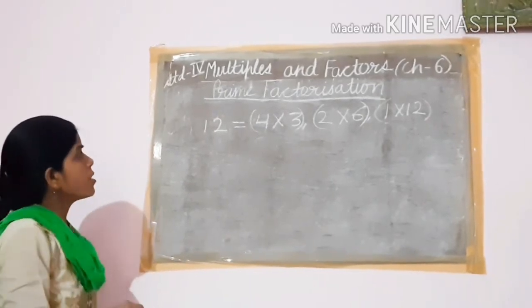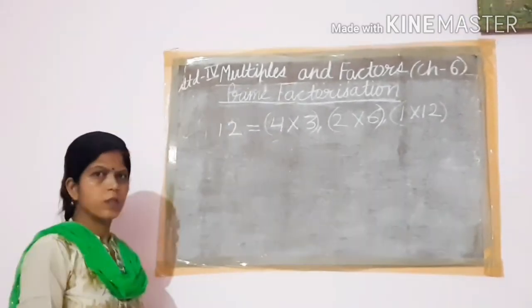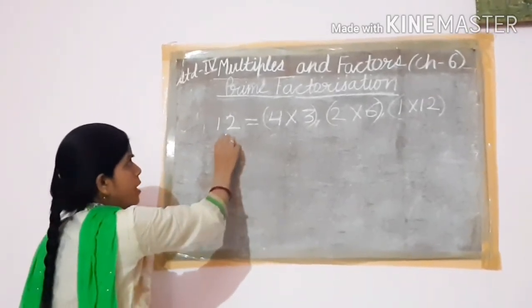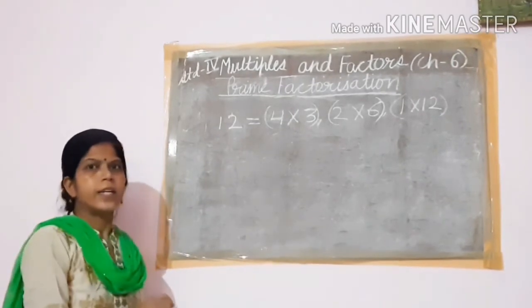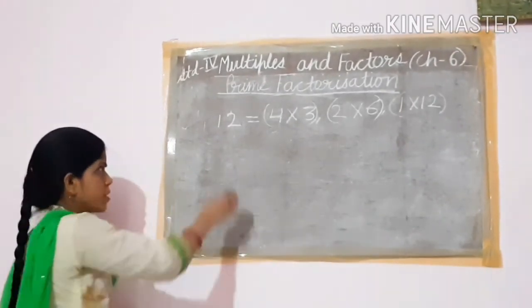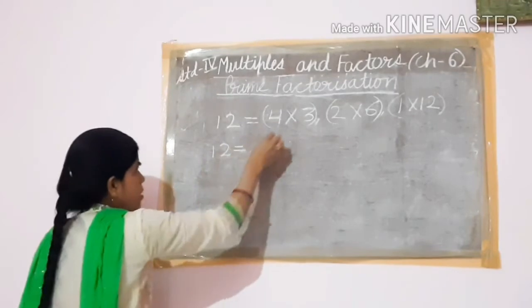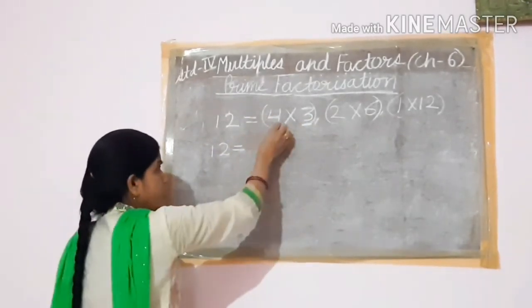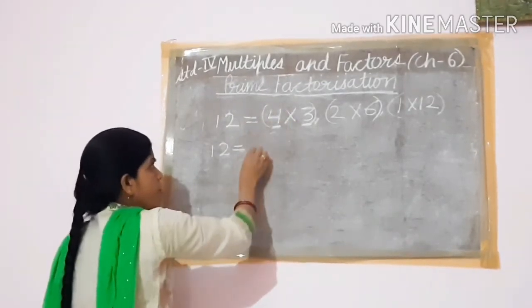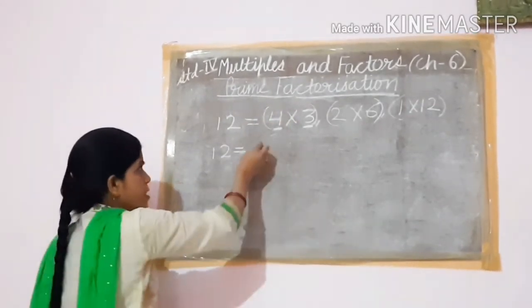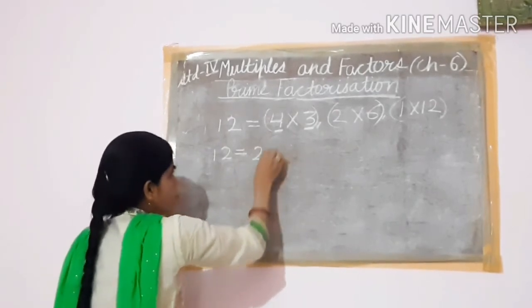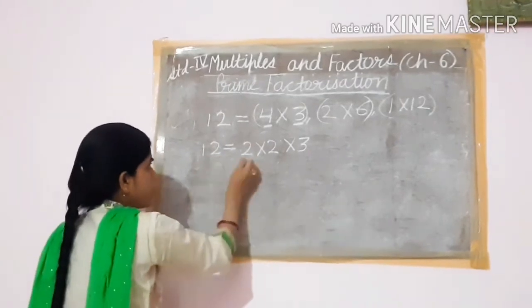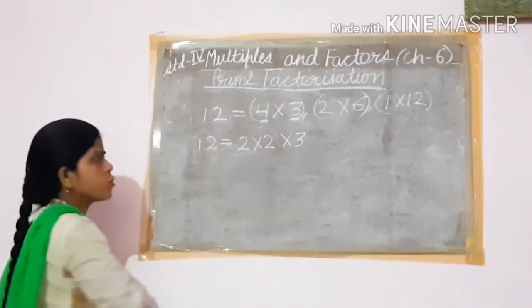Next is prime factorization. When all the factors of a number are prime numbers, that is called prime factorization. Like here 12. This 3 is prime but 4 is not a prime. So if I change this composite number into prime numbers, that will become prime factorization. Now 2 2s are 4 and 3 is already prime. So here I have done prime factorization of 12.